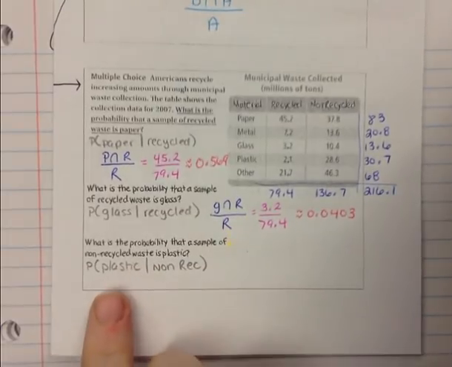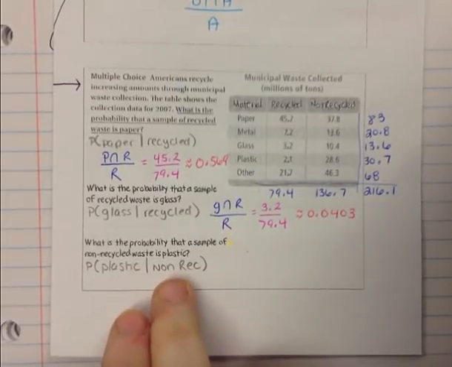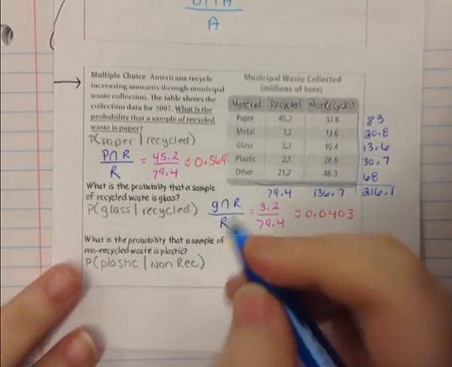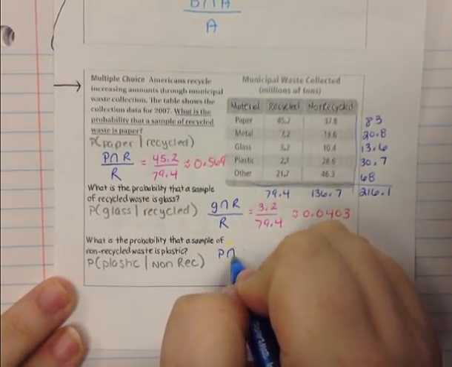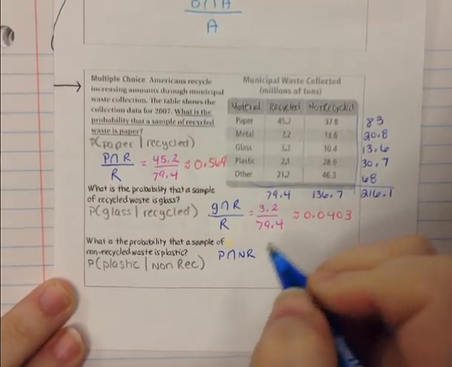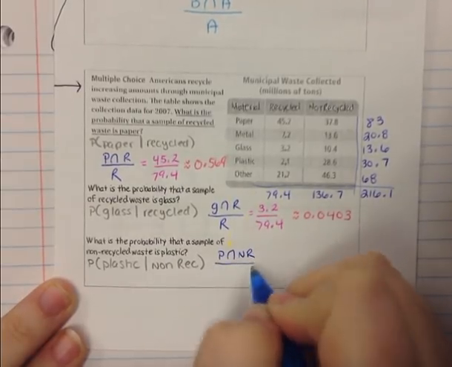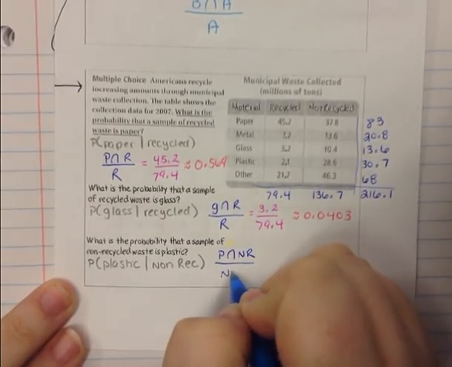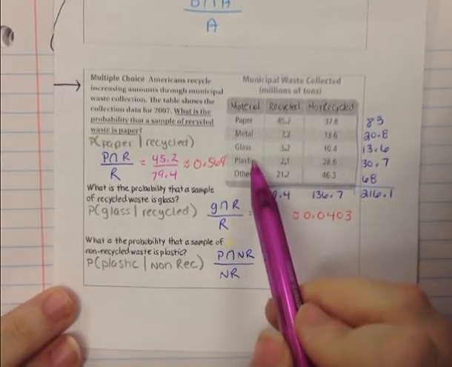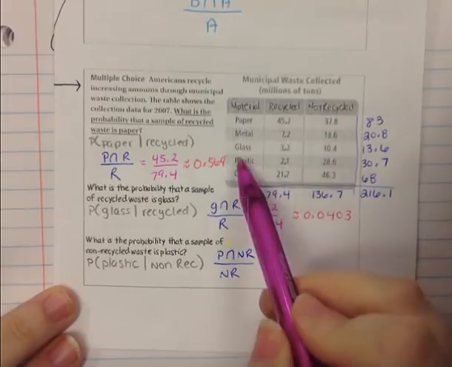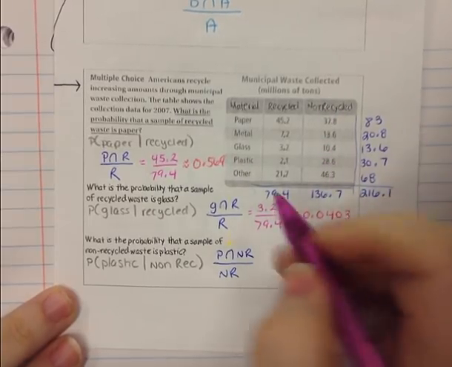And this last one, we want plastic, but given that it was non-recycled. So together, we want plastic and non-recycled, but given that it came from the non-recycled location. So we want plastic. So plastic, and then the non-recycled, where the overlap is 28.6.